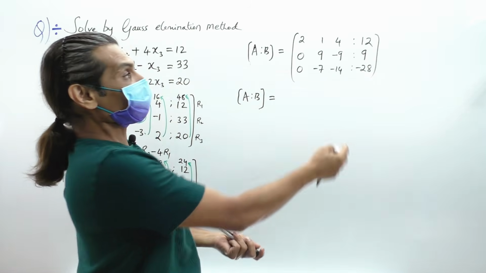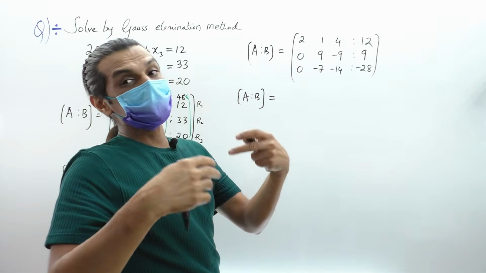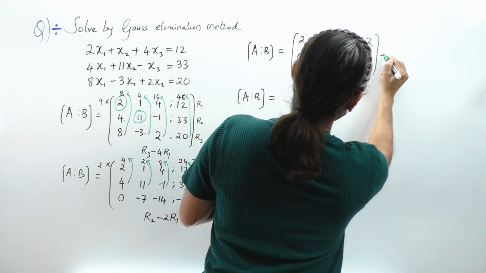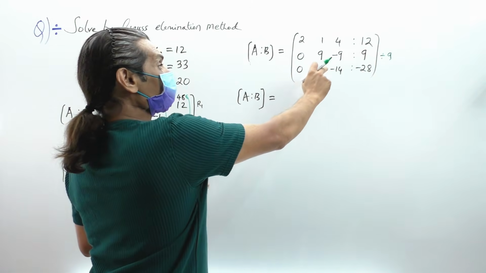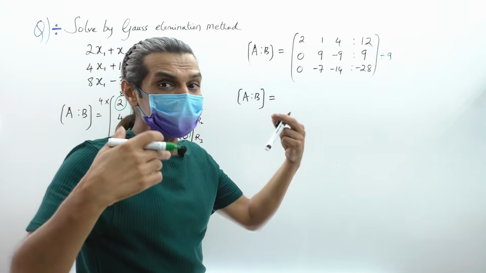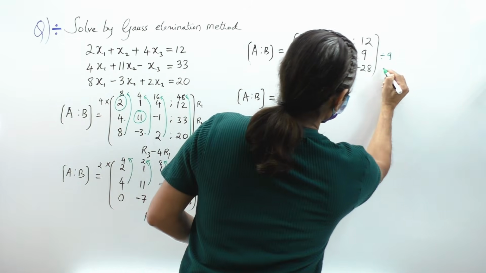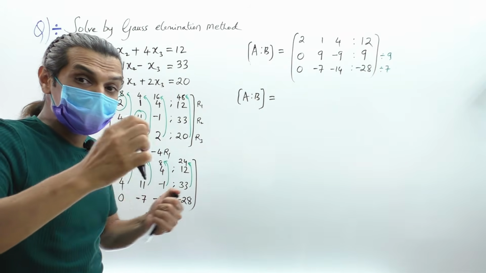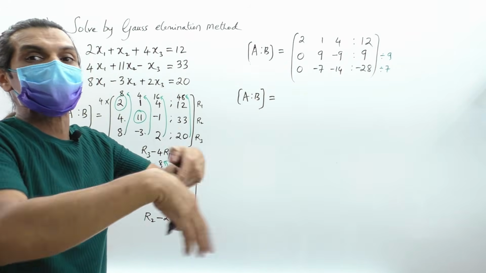See here, 9, minus 9, 9, it's divisible by 9. So I'll divide this whole row by 9. And see here, 7, 14, 28, they're all divisible by 7. So divide by 7. Let the numeric values of the matrix reduce and our operation becomes simple.